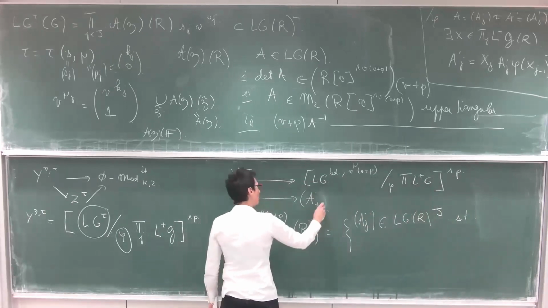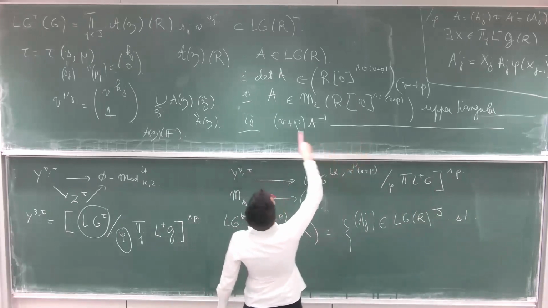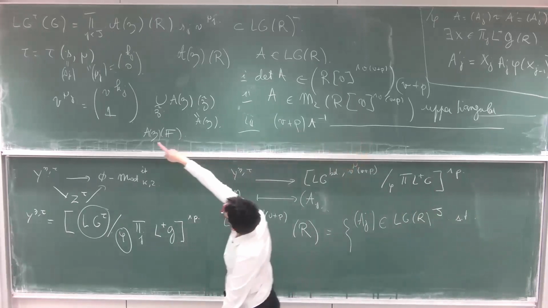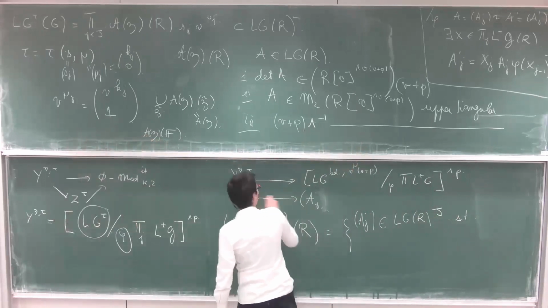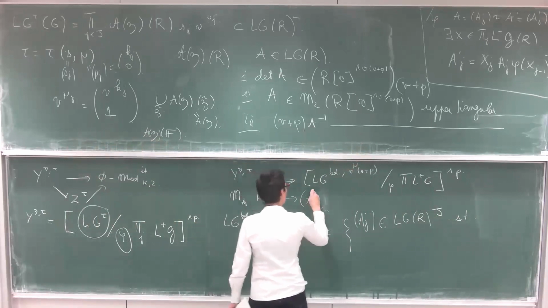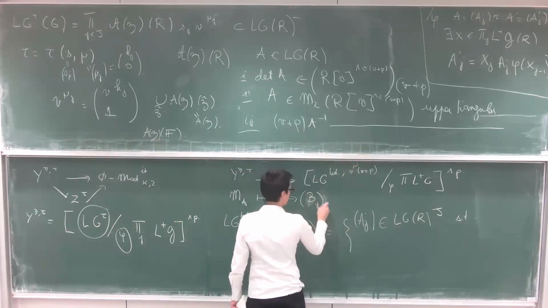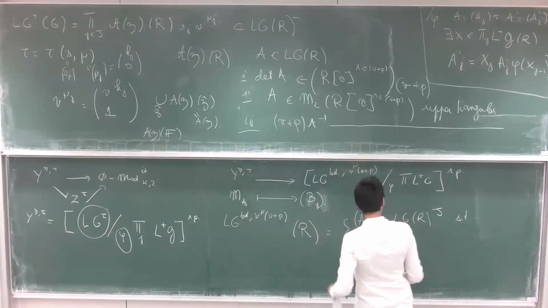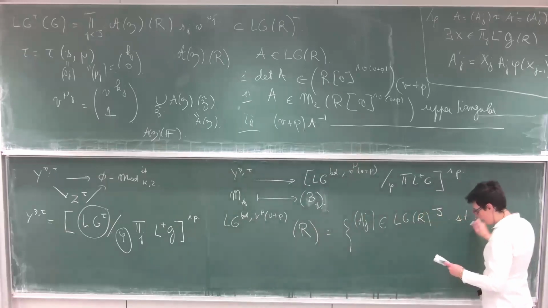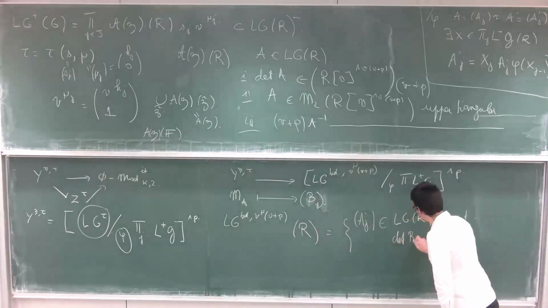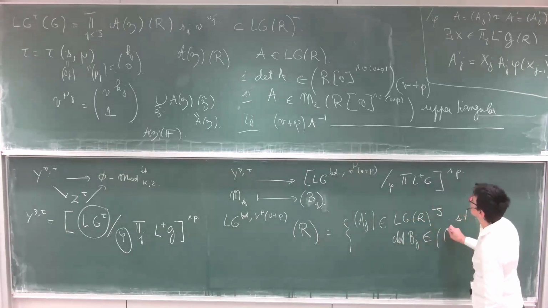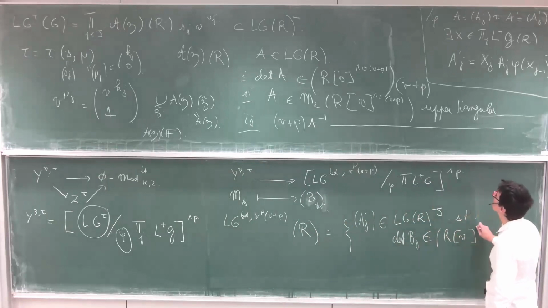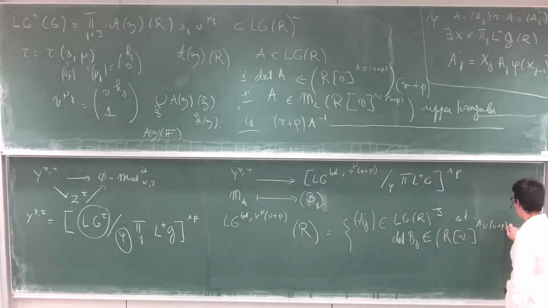I will send X_g to something which depends on v, S_g, and mu. And these matrices have nice properties, so the determinant is inside like that. But the determinant condition is not that difficult.